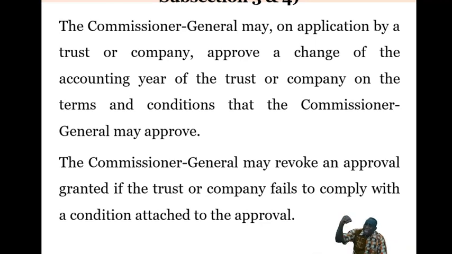And even if it has been approved, the Commissioner General will set conditions regarding the approval. And when those conditions are broken, the approval can be revoked. Those are the anti-avoidance provisions in subsections 3 and 4 of section 18. And that's all about the change in accounting year.